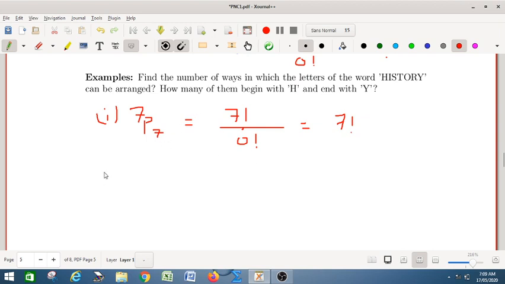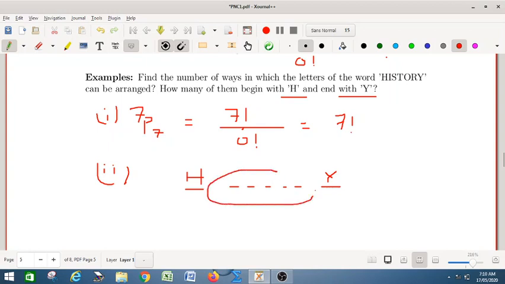Now the second question is, how many of them begin with H and end with Y? So you are fixing the first place and the last place. There is no arrangement in the first and the last position, but you have an arrangement in between in the 5 places.